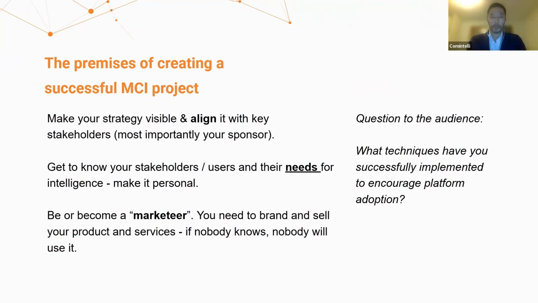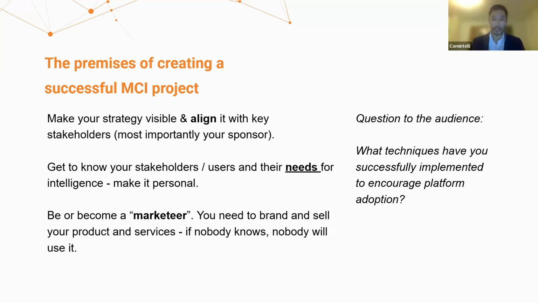So the first important thing, whether you already have a system up and running or you're about to build one, is really to align your strategy, your vision of what you're about to do for your users. Align it with your key stakeholders, primarily your sponsor, because that is the most important person or group of stakeholders approving or cutting your budget.